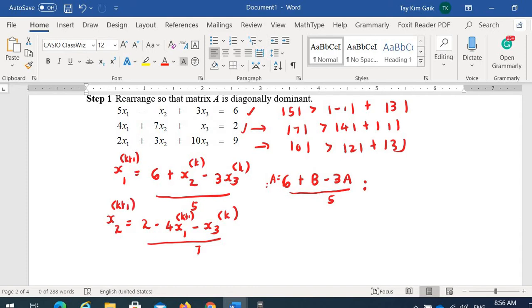In the calculator I'm going to store x2 as B, we don't care about the k plus 1 or k. So this is B equal, if we use natural display, 2 minus 4 times x1 k plus 1. It is calculated and put into A. So x1 k plus 1 you can recall A, x3 k is still C, divided by 7.